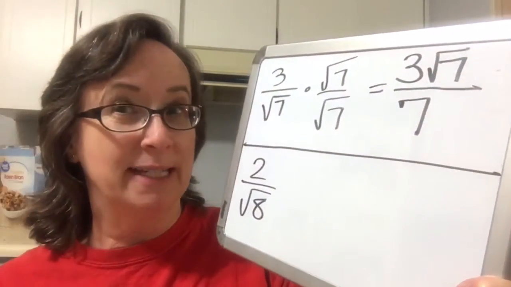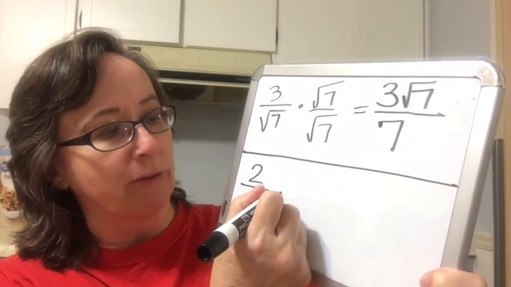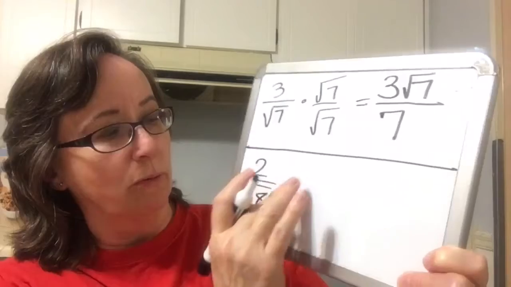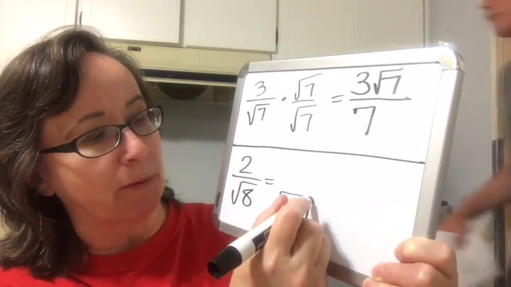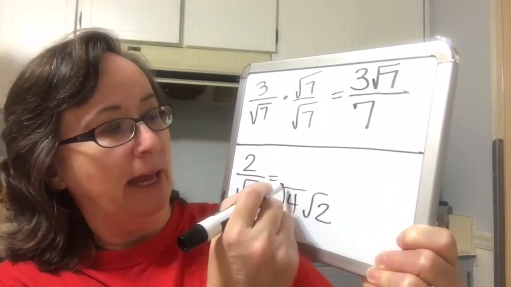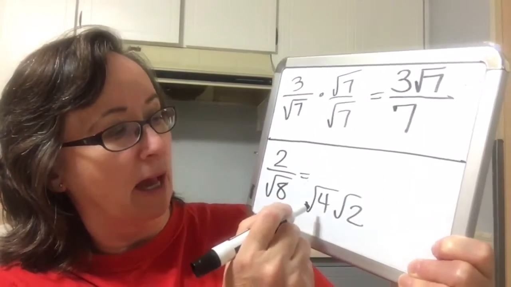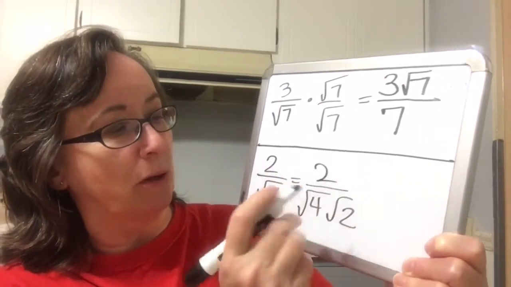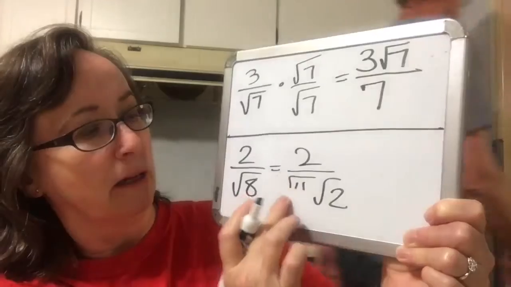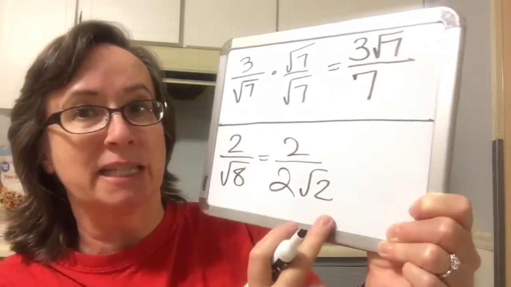So now we have 2 over the square root of 8. And the square root of 8 is not simplified. So we could turn the square root of 8 into the square root of 4 times the square root of 2, and the square root of 4 is going to be 2. So this is equal to 2 over 2 square root of 2. So we're going to just simplify it.